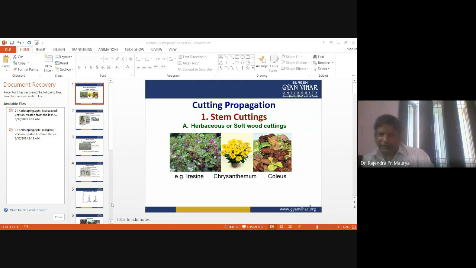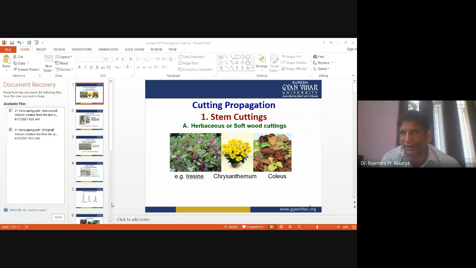In softwood cuttings or herbaceous cuttings, we select the plants in which the wood is very soft and succulent.